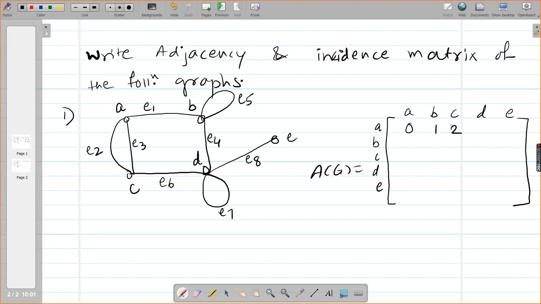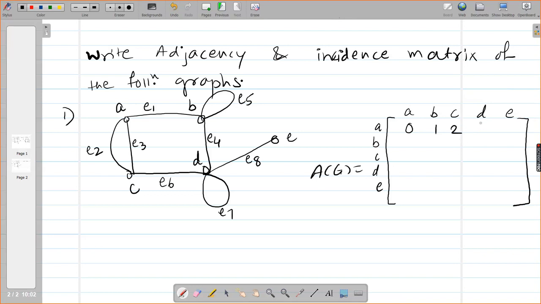How many times is A adjacent with C? 2 times. So you have to write that number 2. If the graph is a simple graph, then the adjacency matrix will consist of only zeros and ones. Otherwise, in a multigraph or pseudograph, you may have other numbers.